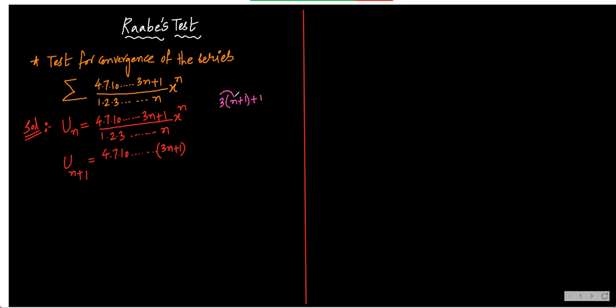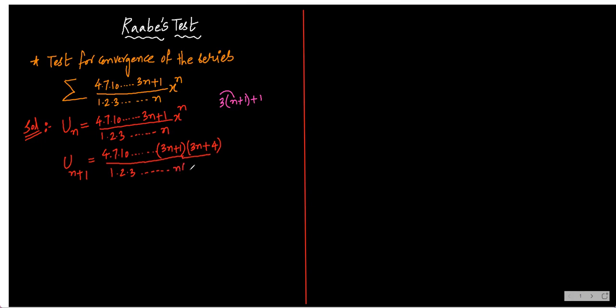If you simplify, it becomes 3n, 3 ones are 3, plus 1 is 4. So 3n plus 4 will be the next immediate term, whole divided by 1 into 2 into 3, and so on.